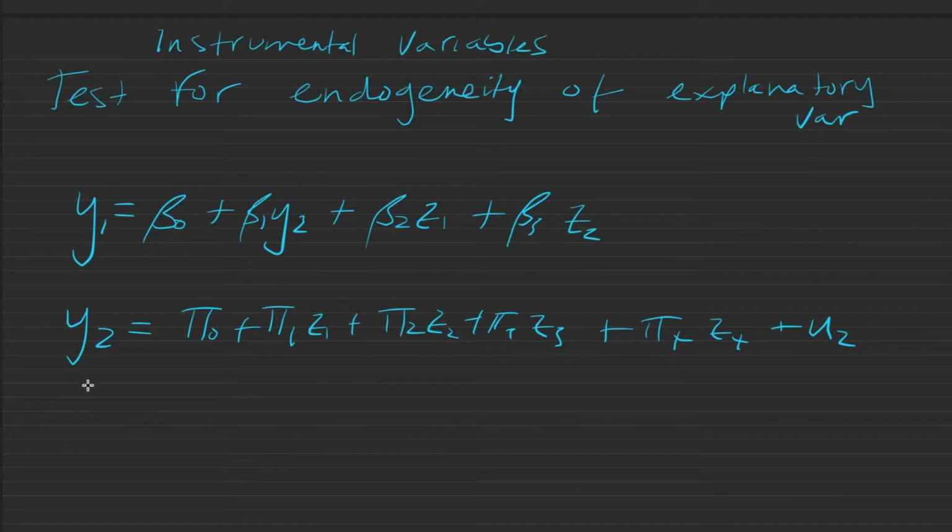We get an estimate of y2 hat is equal to pi naught hat plus pi 1 hat z1 through pi 4 hat z4.